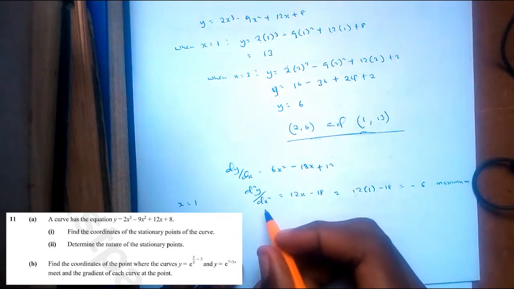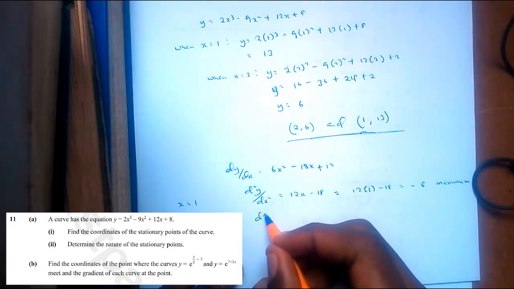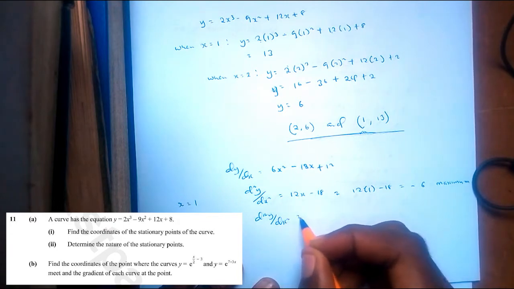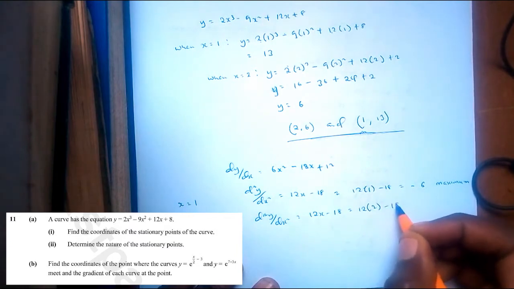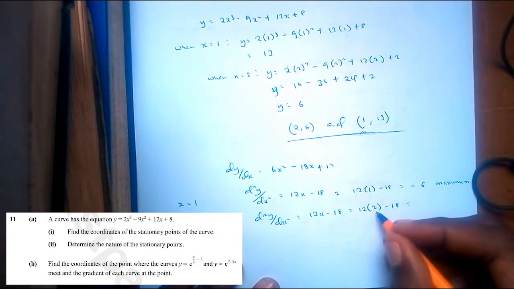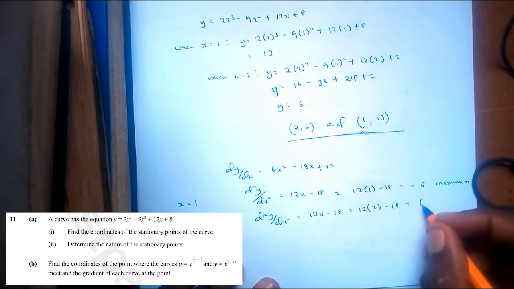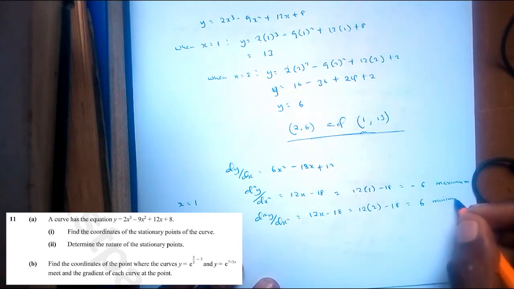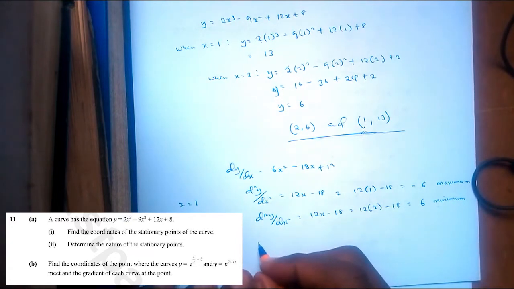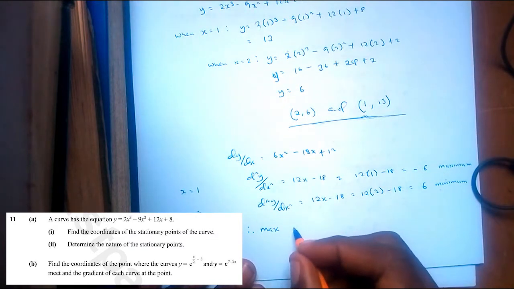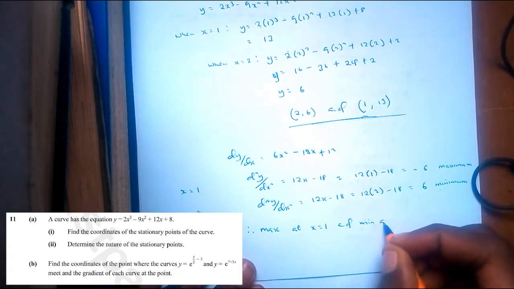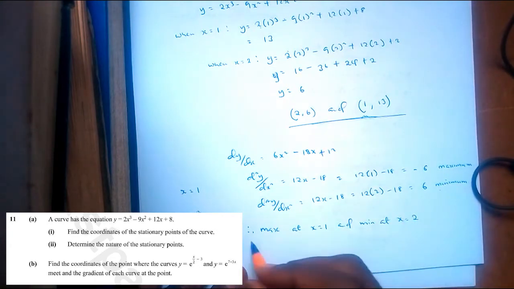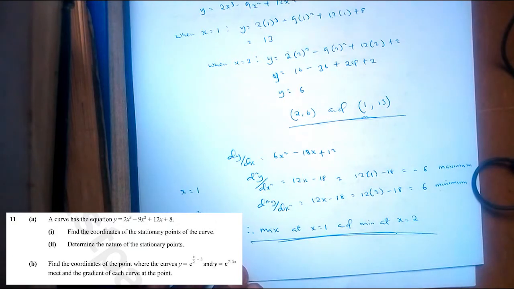Then d2y over dx squared is equal to 12 times 2 minus 18, that is 24 minus 18, which is 6, which is a minimum. So it is a maximum at x is equal to 1 and a minimum at x is equal to 2. So that is our answer.